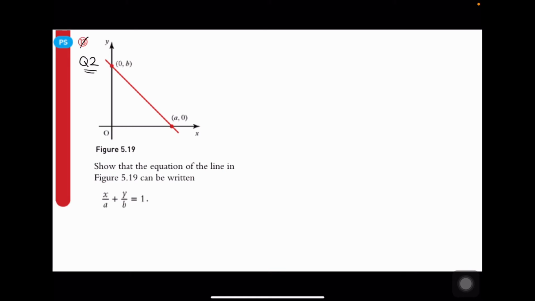Question 2. Show that the equation of the line can be written. Okay, so we're going to use our understanding of y equals mx plus c, of gradients, y-intercepts, x-intercepts, to show that this equation corresponds to this line. So I'll write up here x over a plus y over b equals 1.